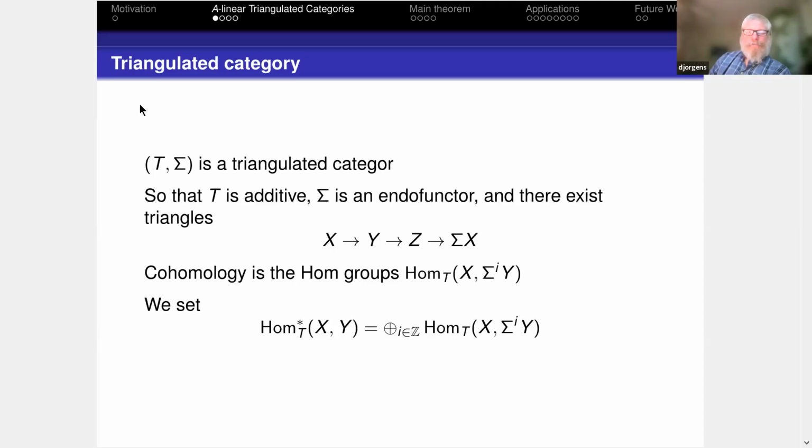The cohomology we're going to be talking about is just these Hom groups, where you take the morphisms from X to sigma^i Y. And when I write Hom with the star there, I just mean the direct sum of all the Homs with i shifts. Okay, so that's the notation.